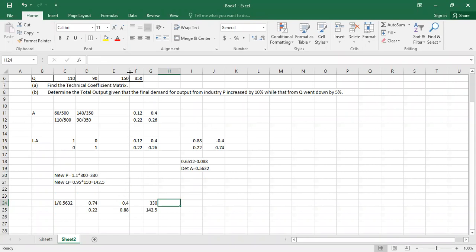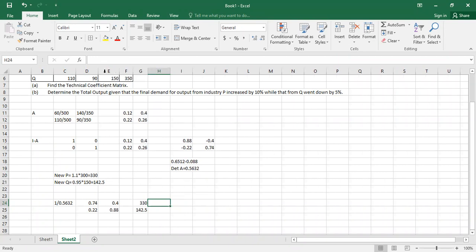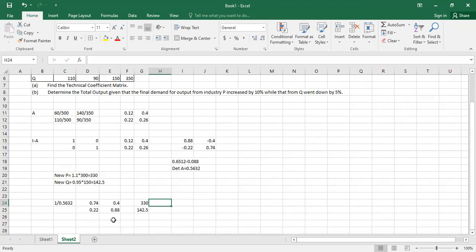We need to work this out. Let me bring them closer. So remember the multiplication rule. The number of columns in the pre-multiplier matrix should be equal to the number of rows in the post matrix to apply the multiplication rule. So you can do that.